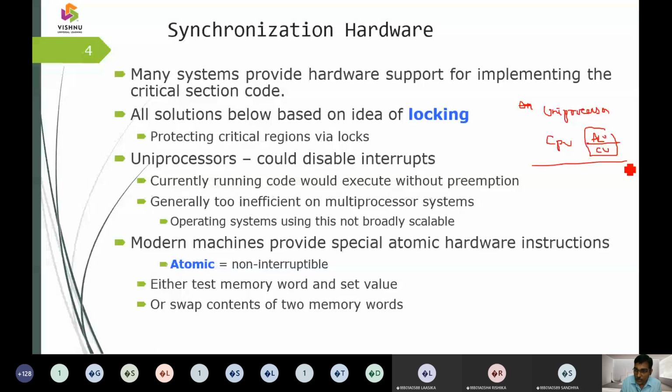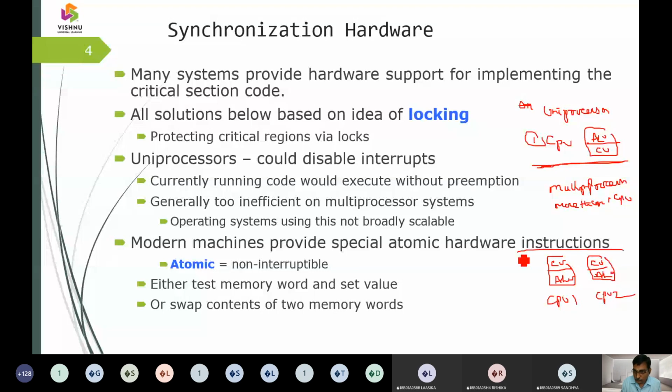But when it is a multiprocessor, more than one CPU is going to happen. So here we can say there is a control unit and there is an ALU. I can say this is CPU 1 and this is CPU 2. So this is called a uniprocessor, and for the multiprocessor example, there is more than one processor, for example a dual core processor.